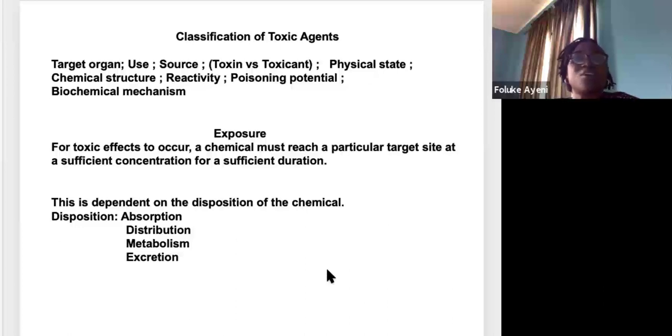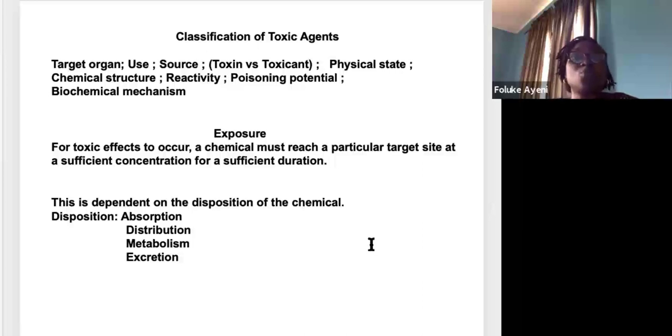It could be classified according to the physical state of the toxin, the chemical structure, the reactions that they bring about, and then the poisoning potential. Now, I know that you must know that for toxic effects to occur, there must be a chemical, there must be a reaction.